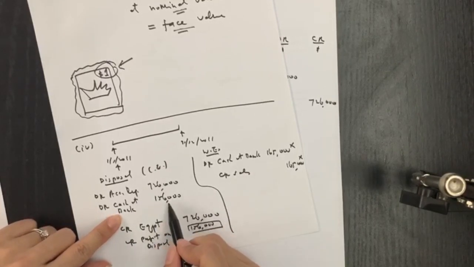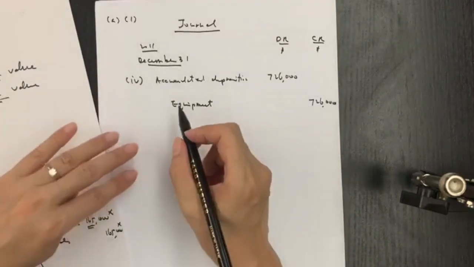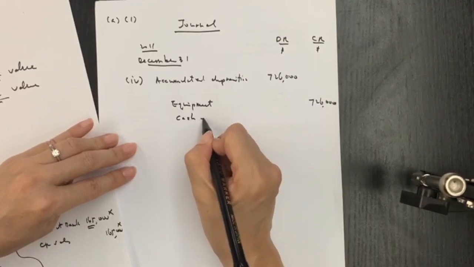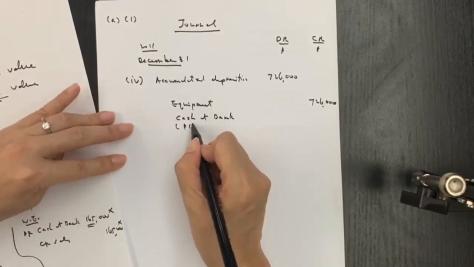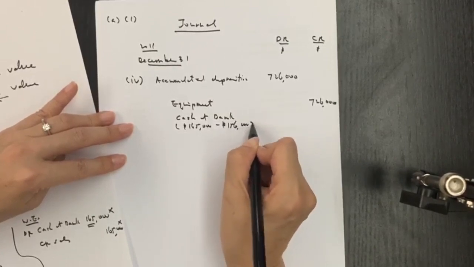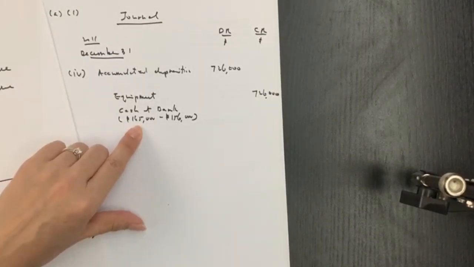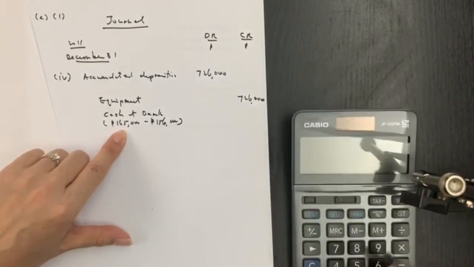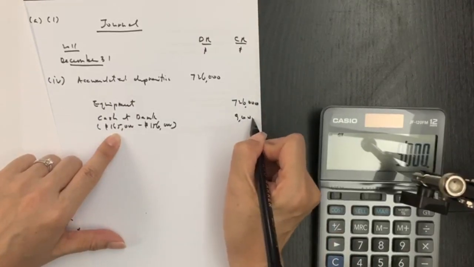We should debit 156, but now the debit side is too large. Okay, I go to credit side, cash at bank, which is the difference, 165,000 minus 156,000, because the debit side is too large. Okay, I will have 165 minus 156,000, so which is 9,000.